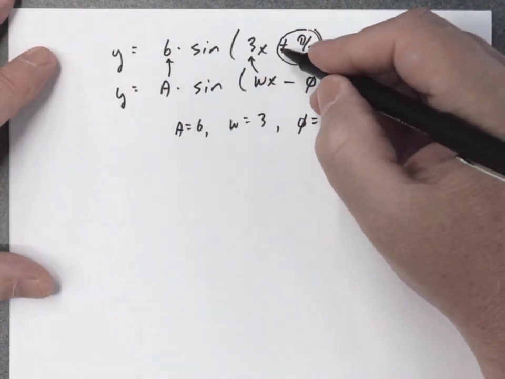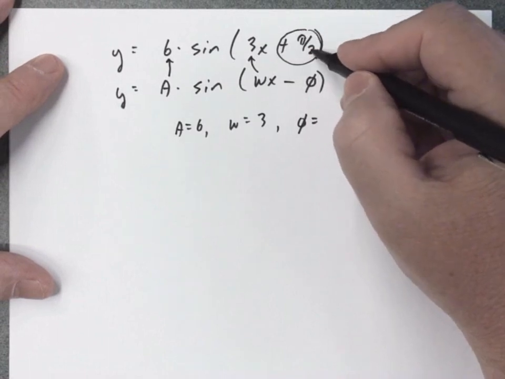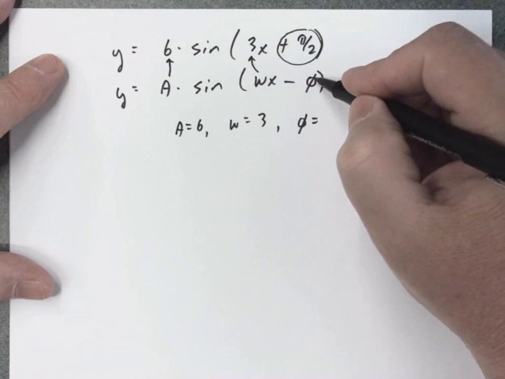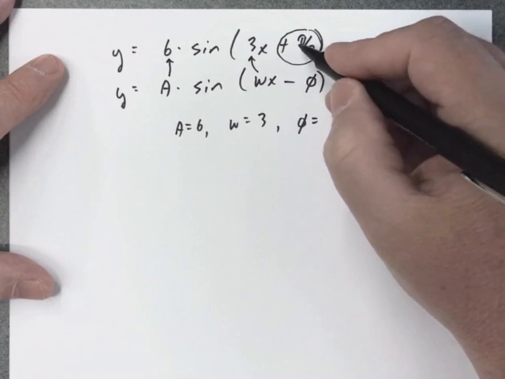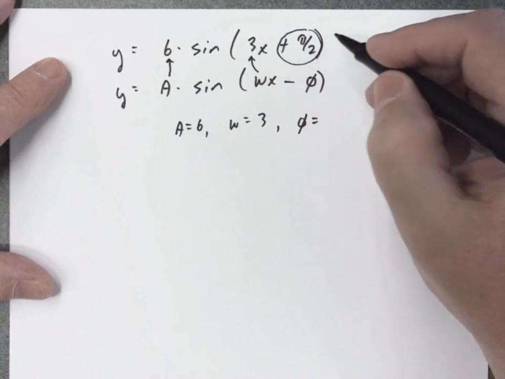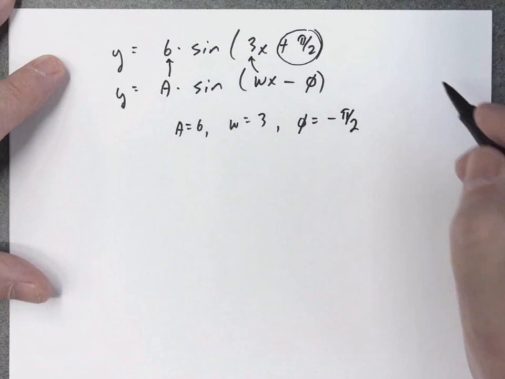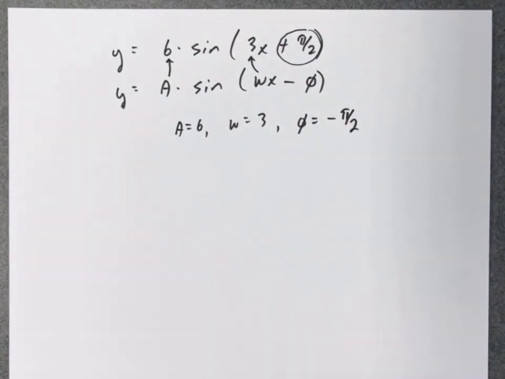So I think of this as a positive pi over 2. And then if I want to determine what phi actually is, I take the opposite sign of this. So if this is positive pi over 2, I know that phi is going to be negative pi over 2.